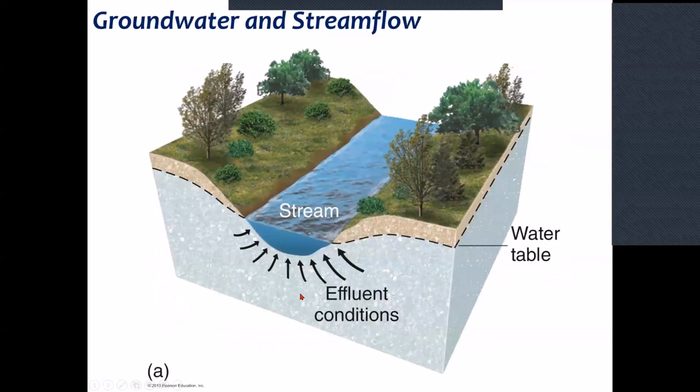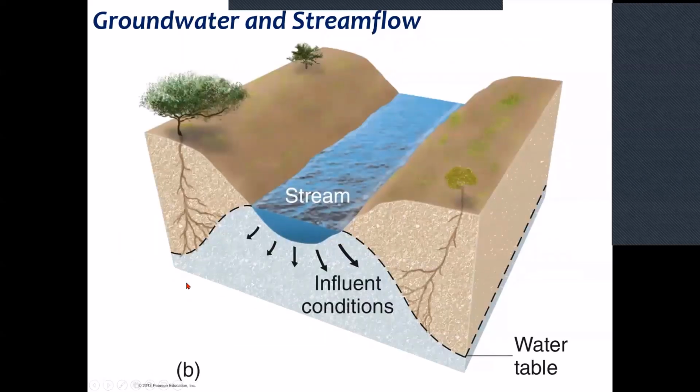Here we see a graphic from the Pearson Geog3400 textbook, and we see effluent conditions. And we flip that to the opposite, influent conditions.